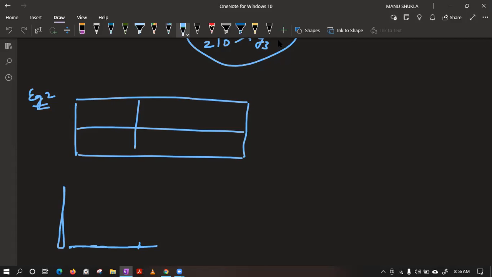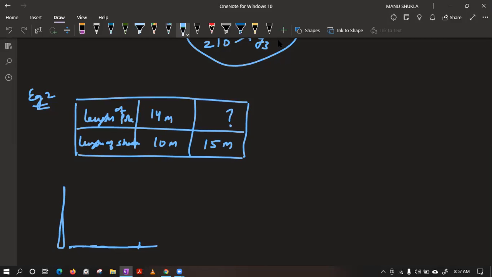In the first case, they are saying the electric pole is 14 meters high. So you can say the length of pole and length of shadow. The length of pole is given to you as 14 meters and the length of shadow is given to you as 10 meters. Then they are saying find the height of the tree that casts a shadow of 15 meters.